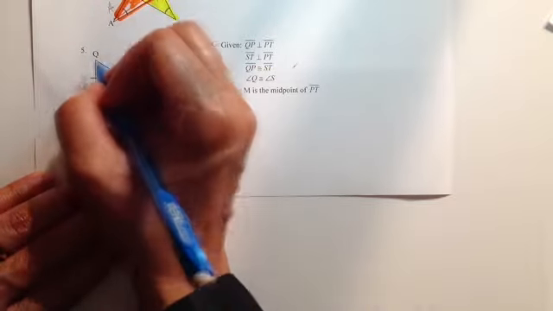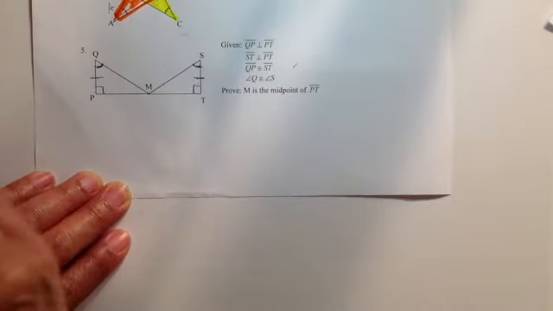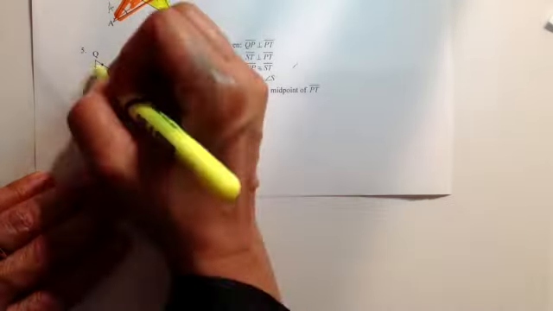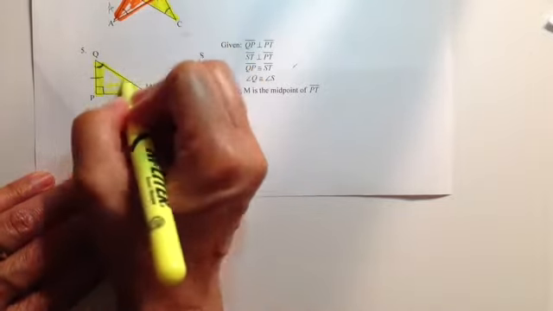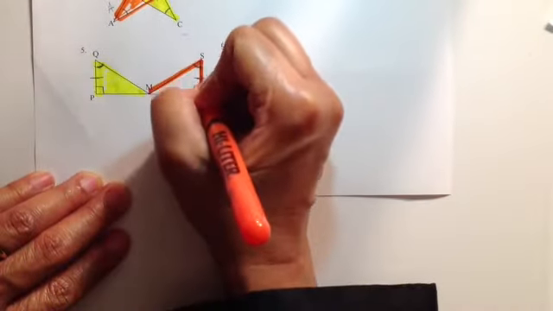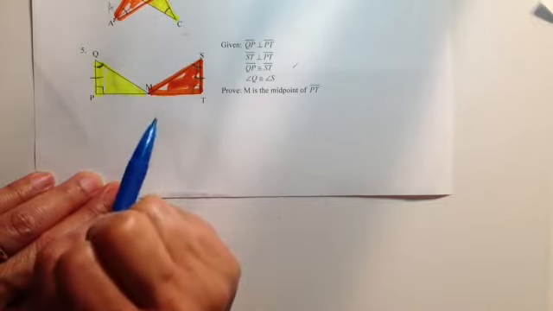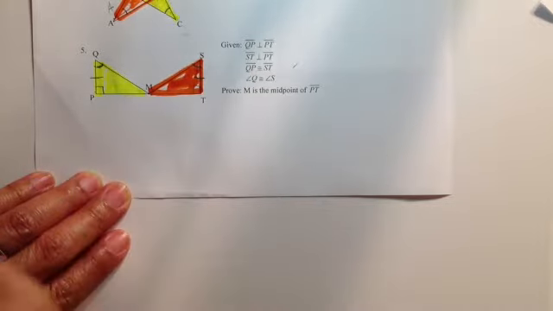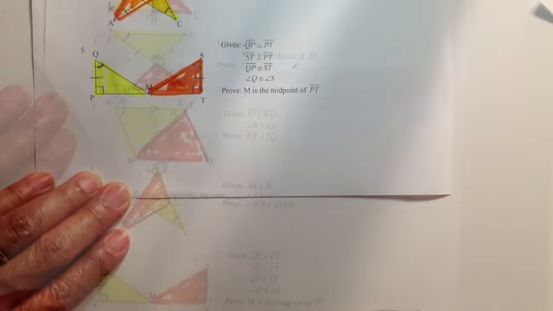And it says that angle Q is congruent to angle S. All right. And I can see that if I can prove that this triangle is congruent to this triangle, then I can start to prove some other parts of the triangle are congruent using CPCTC and get to this point that M is the midpoint.